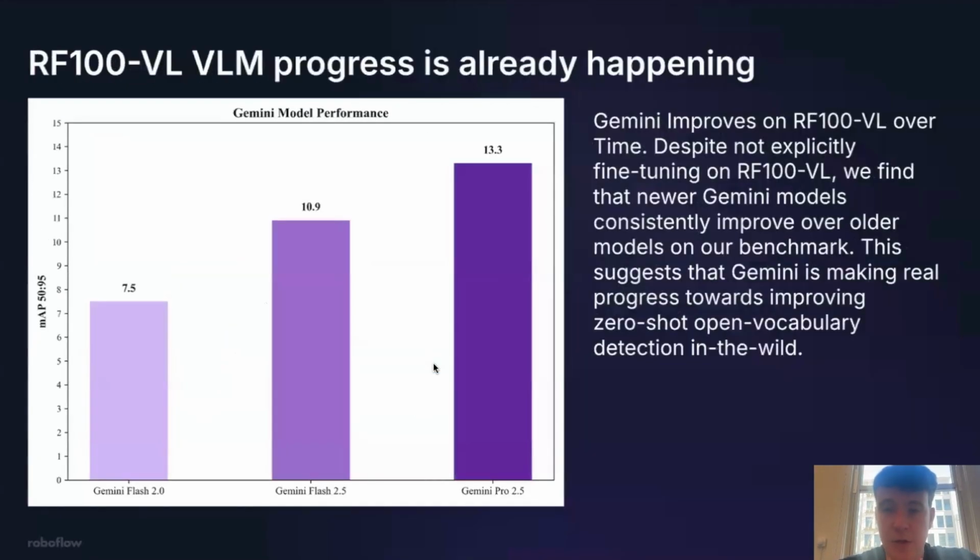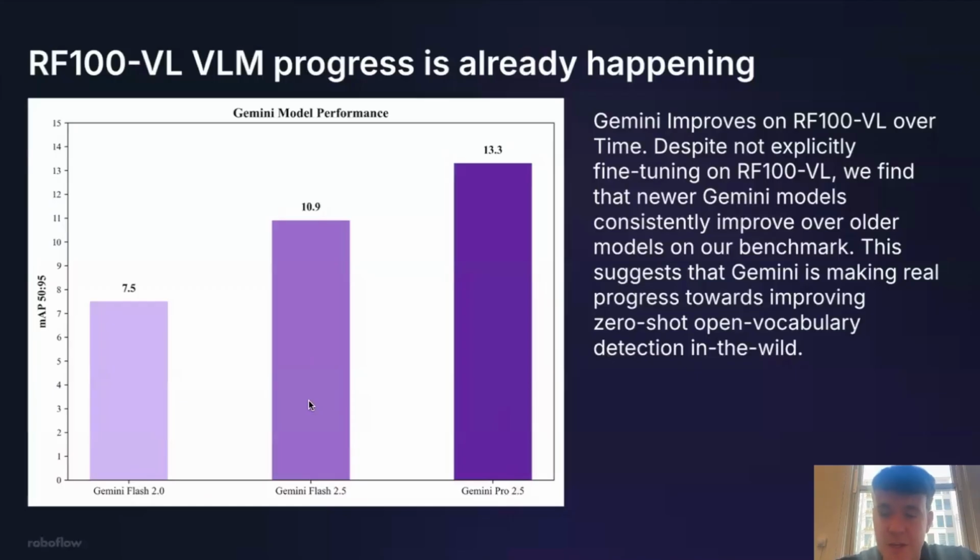So these are our takes here. I think one last thing I would like to show as a sign of hope is we measured Gemini Flash 2.0, Gemini Flash 2.5, and then Gemini Pro 2.5. And you can see that these models were created before our dataset was created. So they are independently improving on it, which is great.